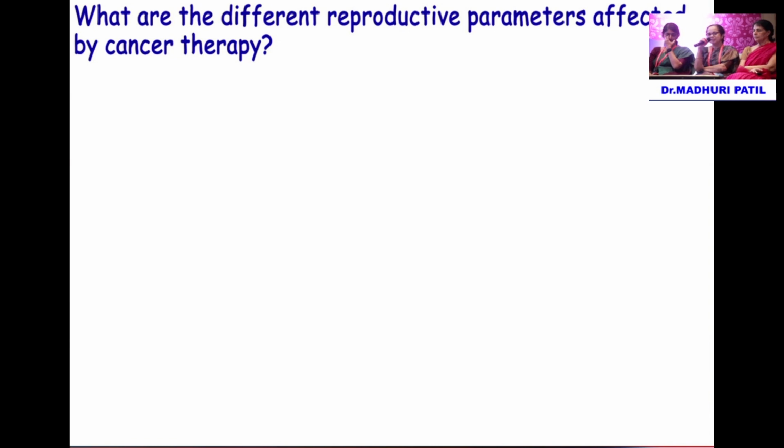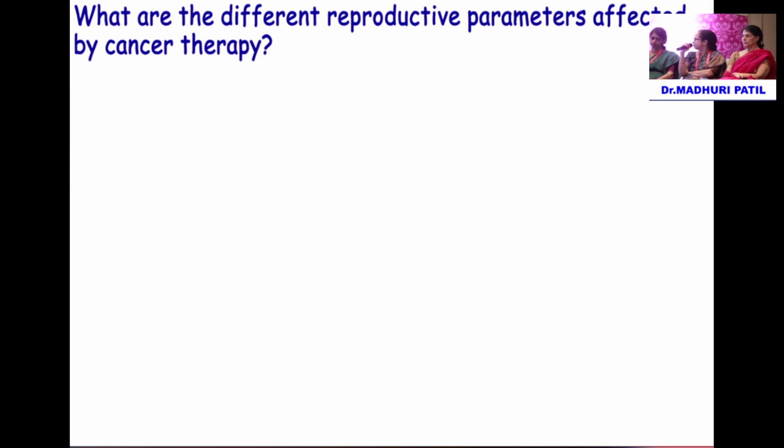Okay, the most important thing is when you're treating a young patient, the oncologist is definitely concerned about the reproductive outcome of the patient. That was not there in the past. Probably Jayaprakash sir would be a better person to comment, but we used to concentrate definitely on the oncological outcome. But now with the better oncological outcomes, the patients are living, we are concerned about the reproductive outcomes also.